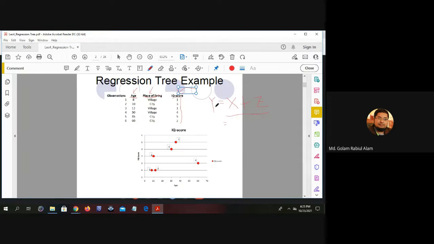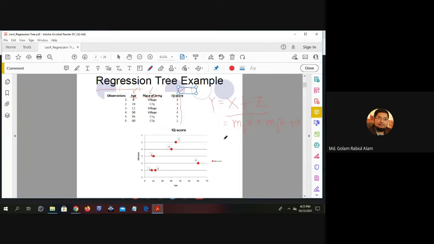Usually this kind of relation in regression analysis, we use the line equation. So maybe it is the slope times x, plus the slope times g, plus some other parameter.